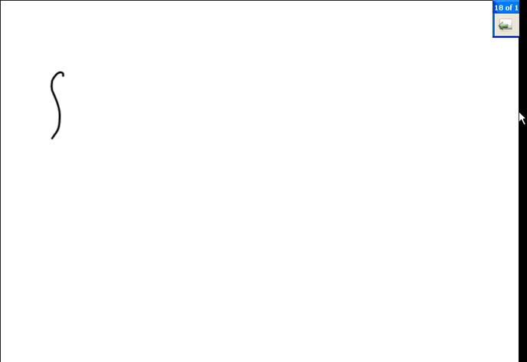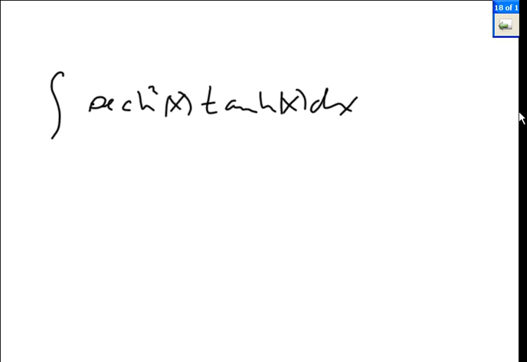If you had the integral of the hyperbolic secant squared of x times hyperbolic tangent of x dx. In the past, I've mentioned that it's generally good to let what's being raised to a power be u. That is, I would generally say let u equal this, and then this piece here would be u squared.